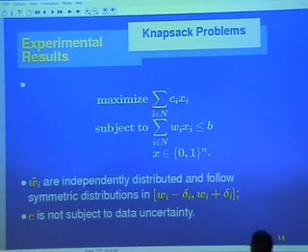Namely, this is the so-called knapsack problem. You have n variables, each of them 0 or 1. You have one constraint and you have an objective. And let's assume, for the purpose of this discussion, that the costs are known deterministically, and the w's are within an interval, wi minus delta i and wi plus delta i.